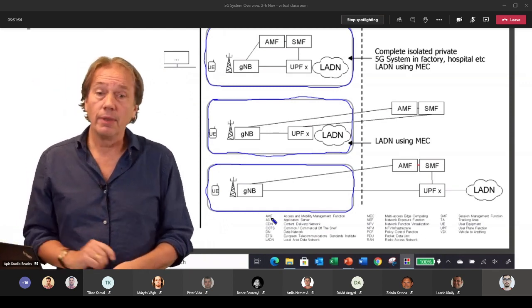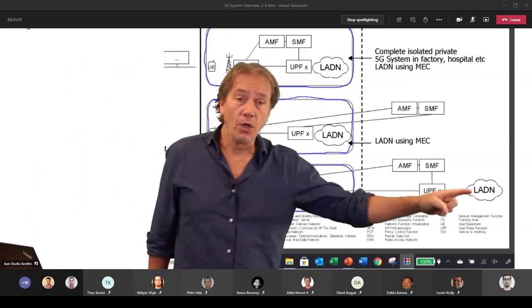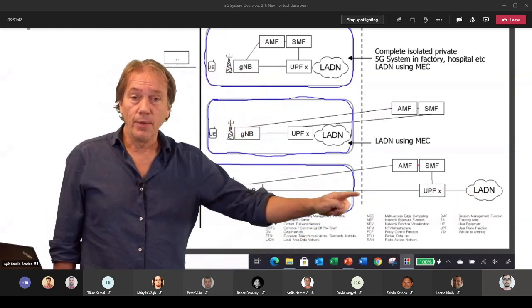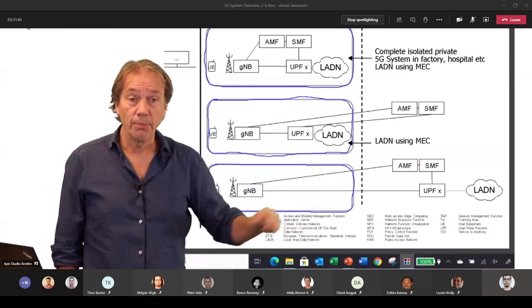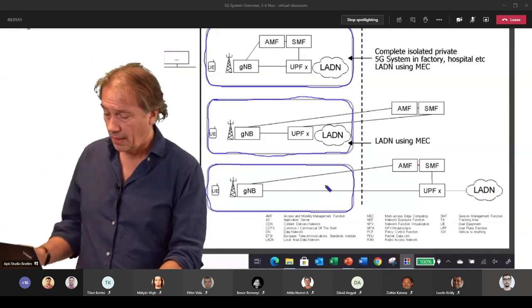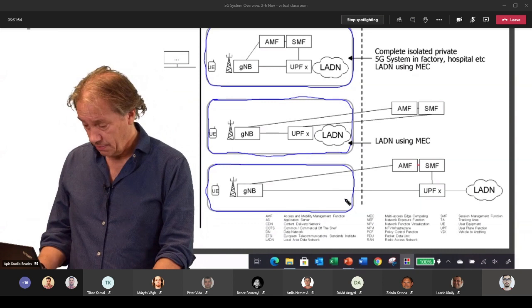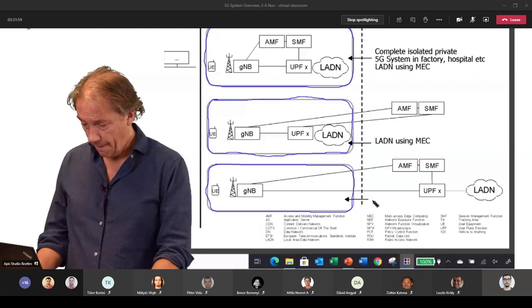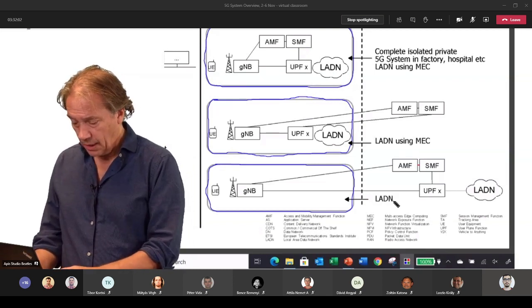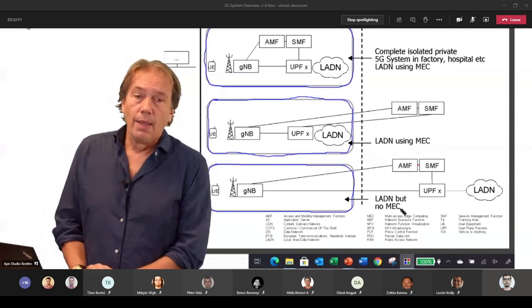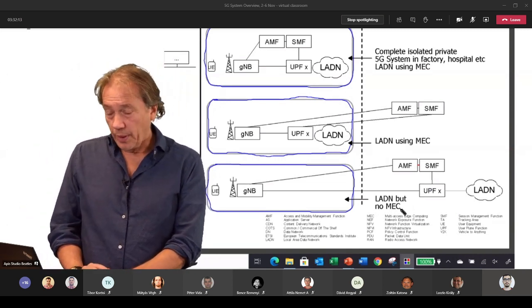So this is still a local area data network if it can only be reached from inside this blue area, but there is no edge computing involved here. So we can just indicate here that this shows a local area data network, but no multi-access edge computing.